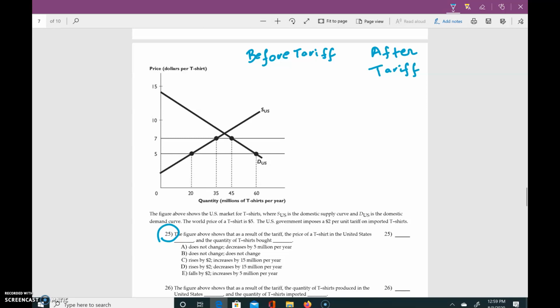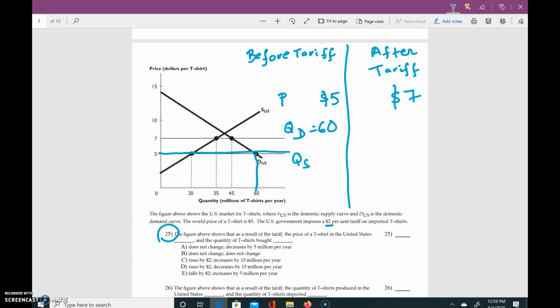So before tariff, the price was equal to $5, and when a tariff of $2 is imposed, the price becomes 5 plus 2, which is $7. Now before tariff, this $5 line was touching the quantity demanded at 60 and touching the quantity supplied at 20.